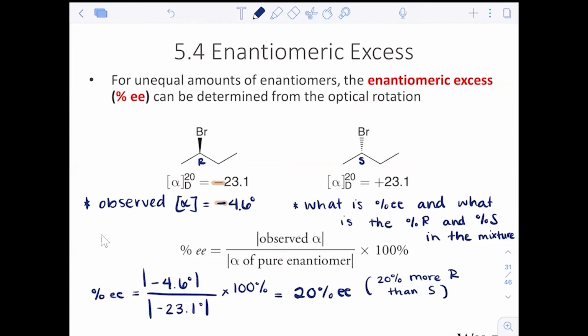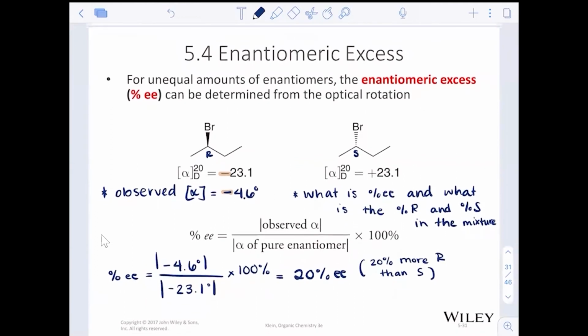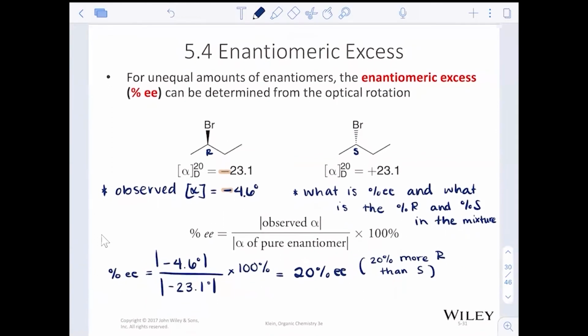Now, for a percent yield, be very, very careful. I need to figure out what that percent EE means. Here's what we're going to do. We're going to take that 20% and add it to what's left over divided by 2.